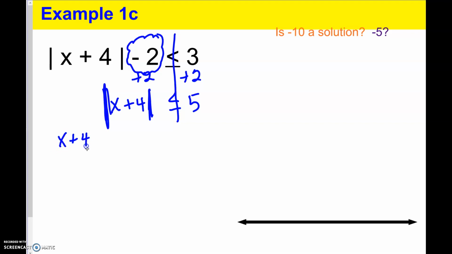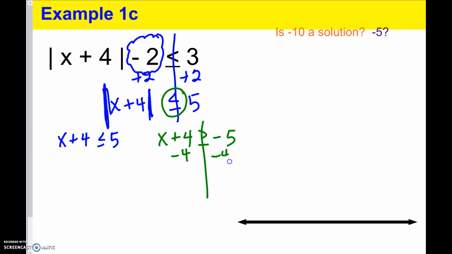X plus 4 less than or equal to 5. And then our second case, we're going to write x plus 4. And remember, we're going to flip my sign and make it a negative 5. So now we're going to solve this by subtracting 4 from both sides.